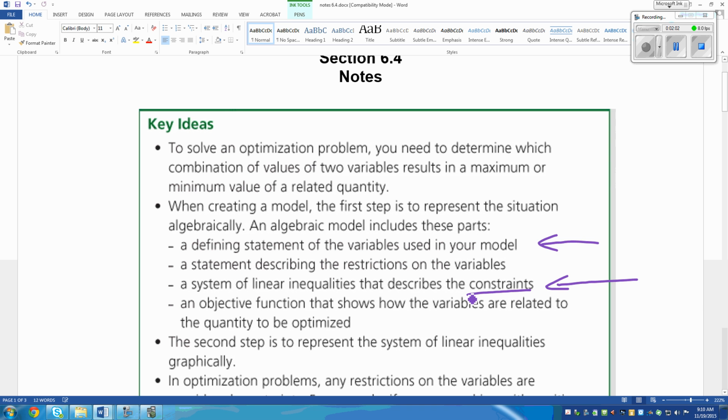So you're going to define your variables, you're going to make constraints with them, and then you're going to come up with a quantity to be optimized. That's your Q formula, okay? And then from that, you graph your constraints, find your points, substitute those points into your Q formula, and decide your maximum or minimum, okay?